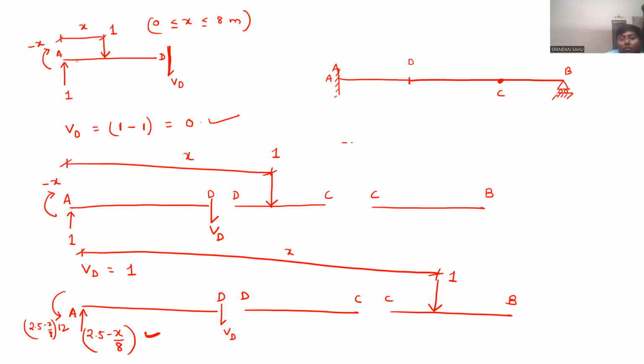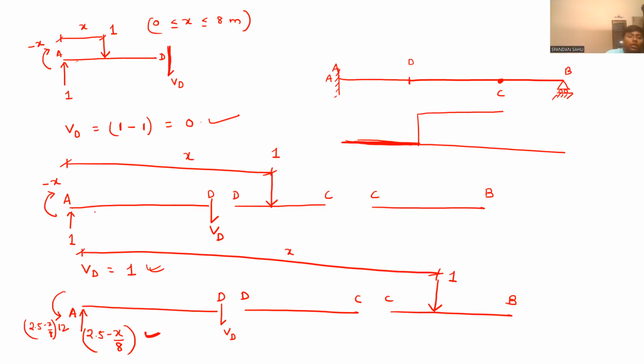So draw between A and D, all ordinates as 0. Now, when the unit load surpassed D and is traveling between D and C, you got VD as 1. So it will increase to 1.